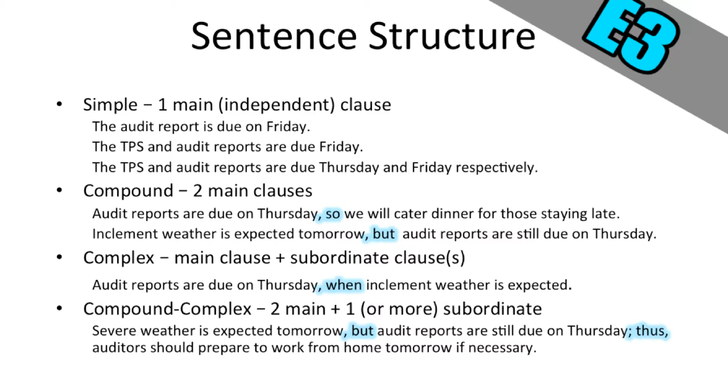Audit reports are due on Thursday, when inclement weather is expected. Okay? Compound complex, two main plus one or more subordinate clauses. Severe weather is expected tomorrow, but audit reports are still due on Thursday, thus, auditors should prepare to work from home tomorrow if necessary. Okay? This is the kind of sentence structure that you should just not use in email. You should really break this into smaller sentences.